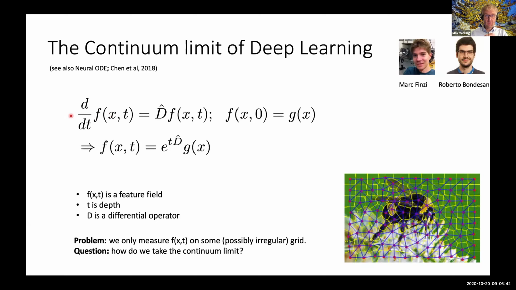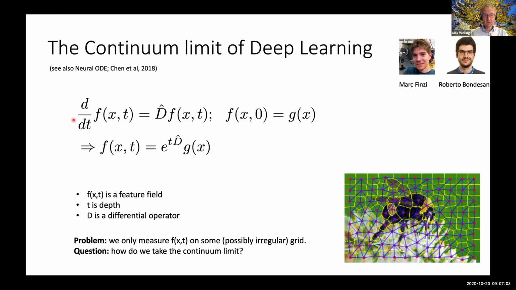The equation here is the equation for a PDE. So we have a function f of x and t, where x is in some spatial dimension. Think of a two-dimensional space for, let's say, an image space. And t is, of course, time. So you can think of time as the depth of the neural net. So you go continuously through the depth of your neural network.